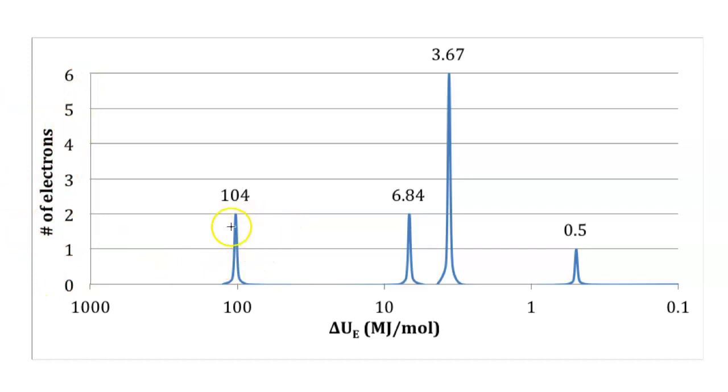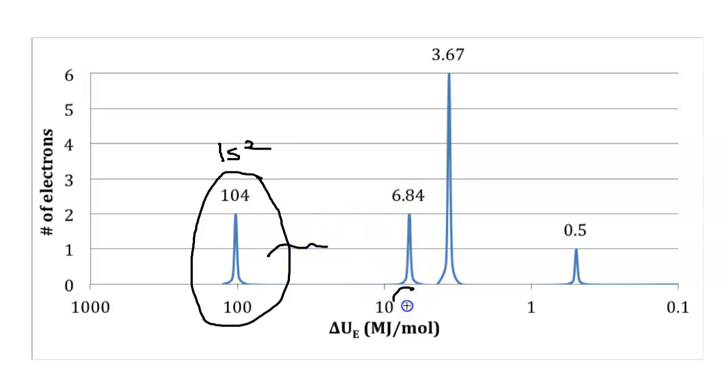So what do I know? I know that this peak has the greatest binding energy. It's closer to the nucleus. So there's my 1s2. The other peak has the same peak intensity, but takes a greater amount of energy to remove, so it must be a 2s2. Now I know it's 2s2 because these peak intensities are the same.